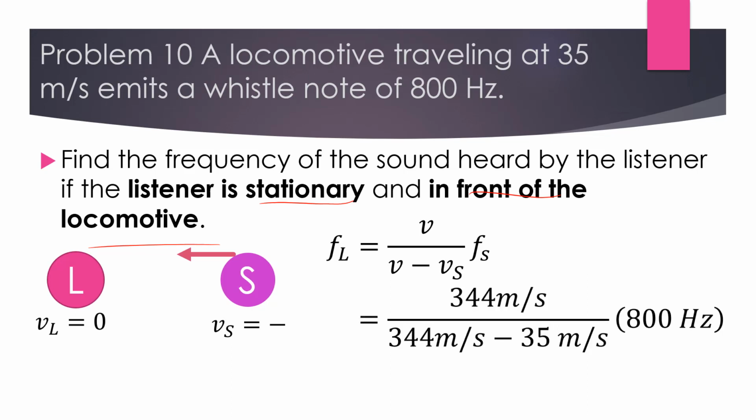Plug in the given, where VS is 35 and FS is 800. Then the frequency heard by the listener is around 890.61 Hertz. So take note, it is greater than the frequency emitted by the source, since your source is moving towards the listener.